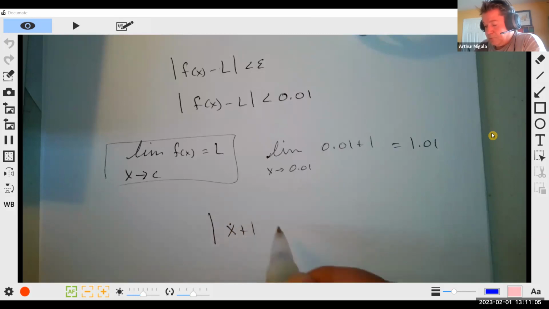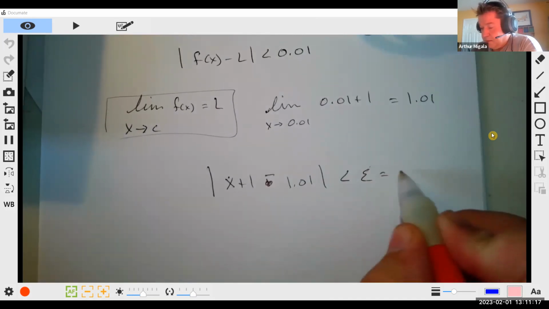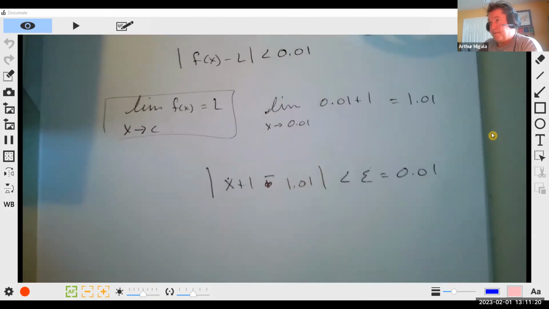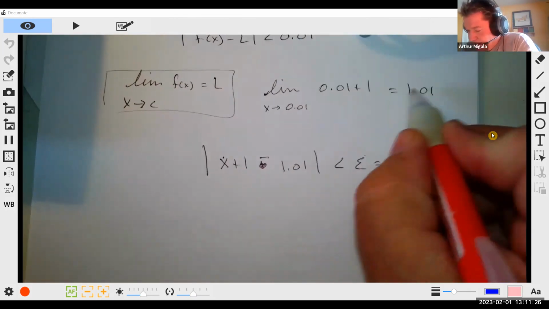So x plus 1 minus 1.01 is less than epsilon, which is 0.01.